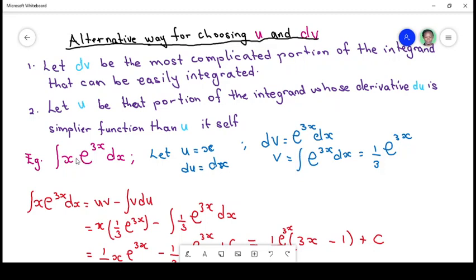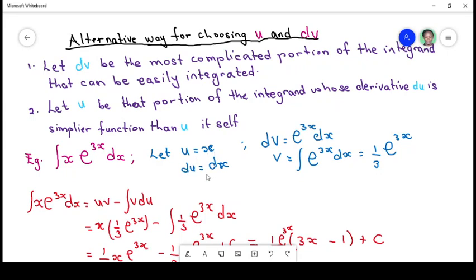So your u would have been x and your dv would have been this. But this approach says, let your dv be the complicated part. So you realize that the complicated part of these two functions is the exponential function. But don't forget that exponential functions are what? Easier to integrate.